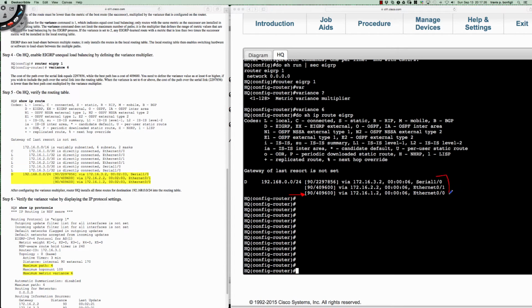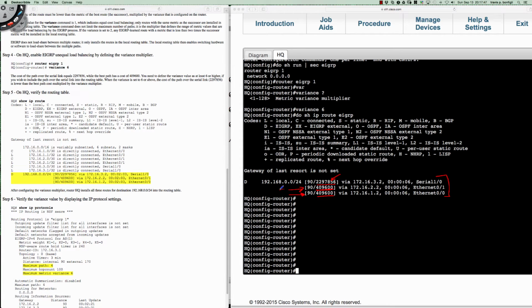Well, we've got 3, because now we have the serial interface. And you can clearly see here that the metric for the serial interface is nowhere near as good. In fact, we know it is 6 times worse than the current metric for the 2 successor routes here.